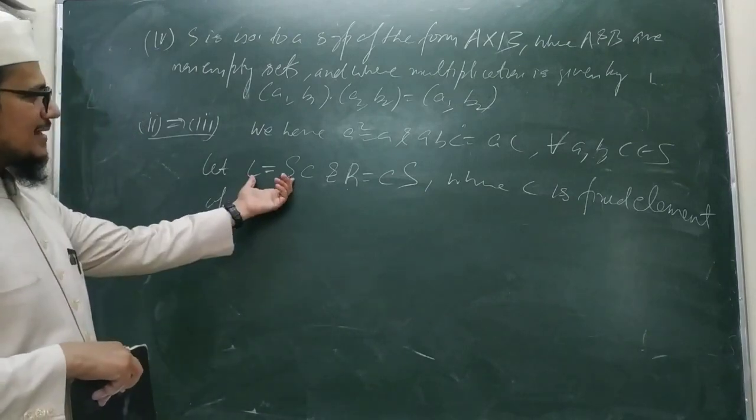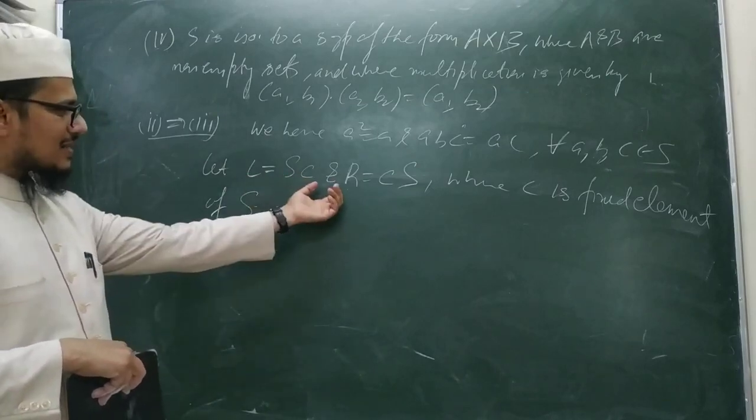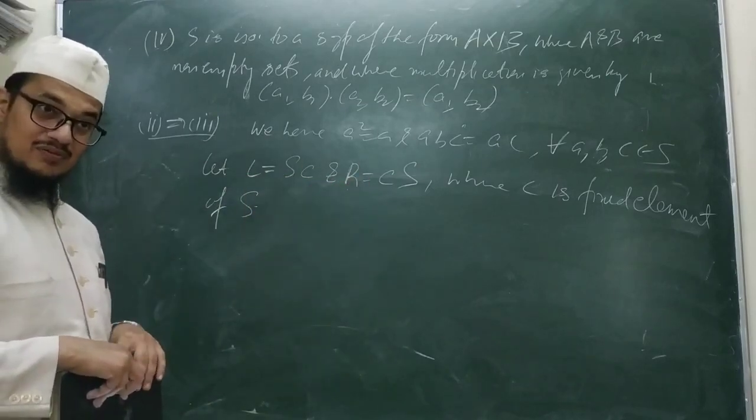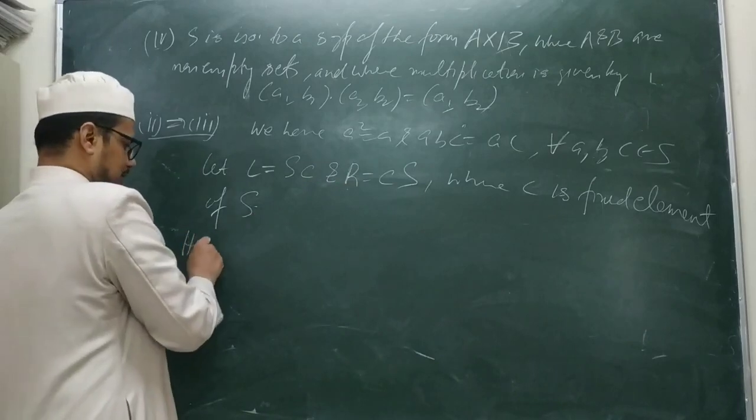Now you can see that L is what? Left zero semigroup, and R is what? Right zero semigroup. Here.